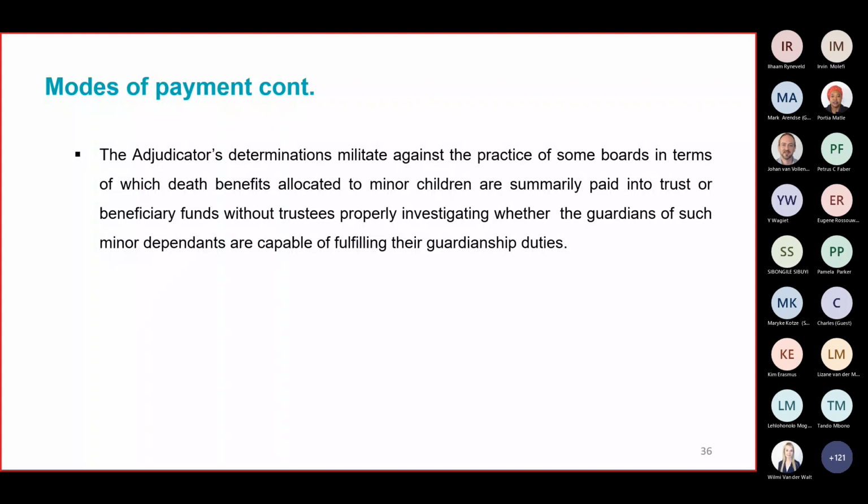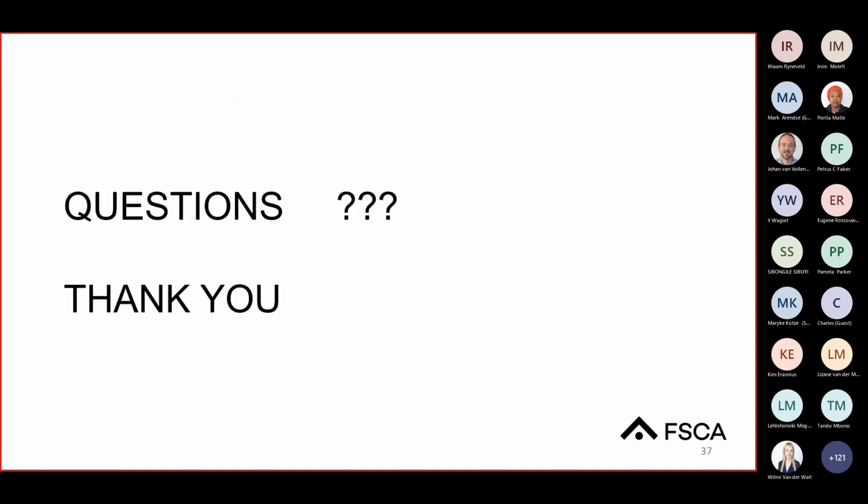You must ask, is the guardian capable of taking care of this minor child? You have to have regard to all the factors and not just fetter your discretion in any respect. So that brings me to the end of the presentation.